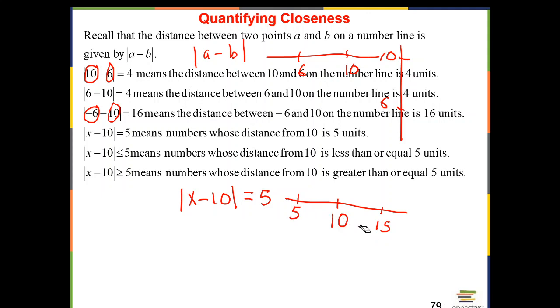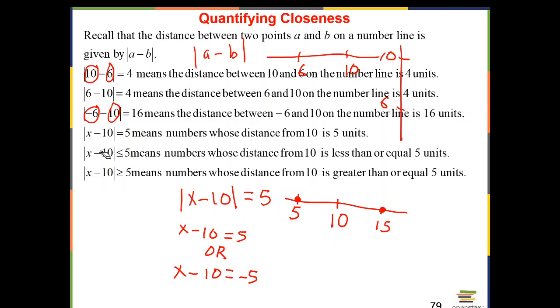So how do we know it's 15 and 5? Well, because the distance from 15 to 10 is 5, and the distance from 5 to 10 is also 5. How do we solve this? Well, you learn in algebra how to solve that, right? So you can solve that easily using an equation like this, and then you solve them and you get 15 and 5.